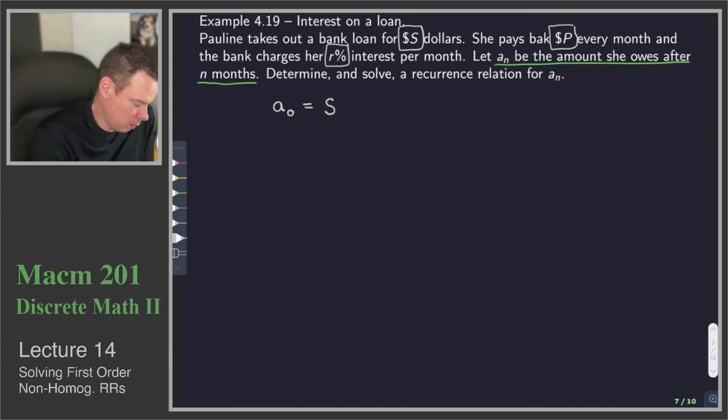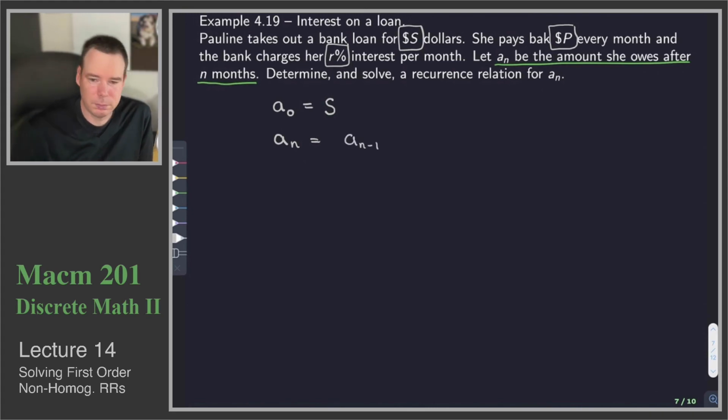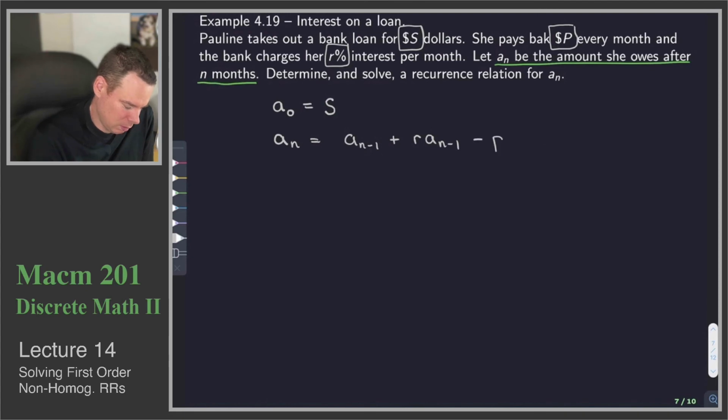So what about after n months? Well, after n months, what does she owe? She owes whatever she owed last month, plus whatever interest gets incurred on what she owed last month, minus whatever her payment is.